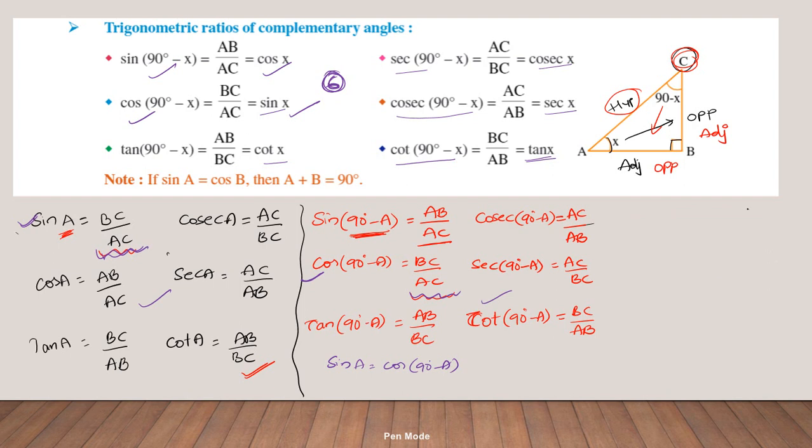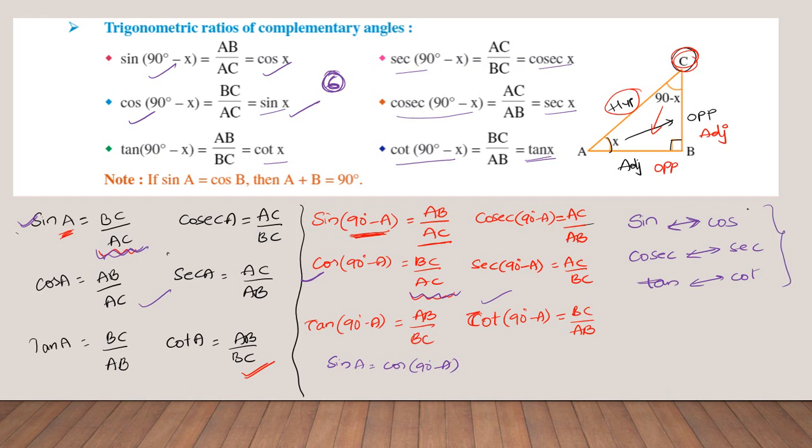Simply observe this: sin and cos, cosecant and secant, tan and cot.